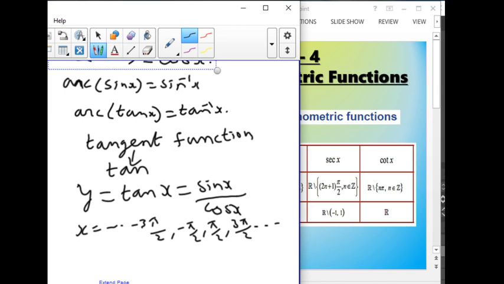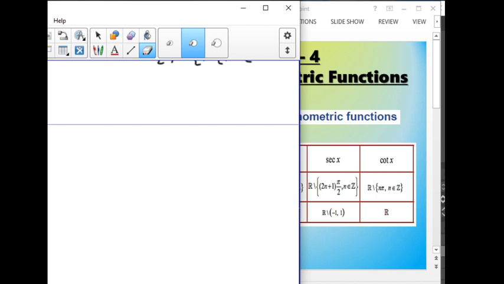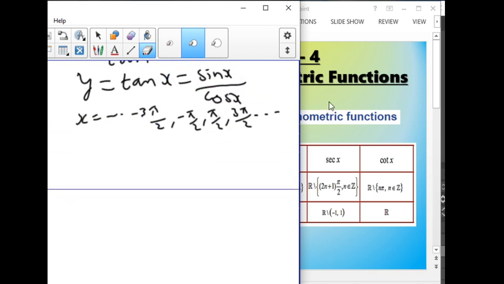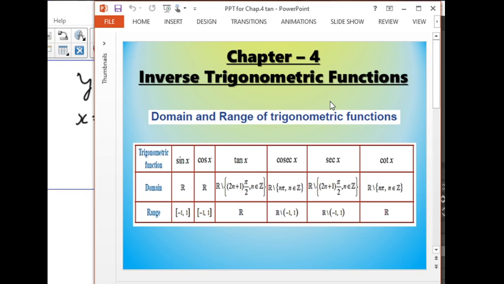So the domain is R except, as we have seen in the table on the first page of the chapter itself, tan x domain is R except (2n plus 1) into pi by 2, n belongs to Z. This is the reason why the domain is taken like this, and the range is R. What is R?